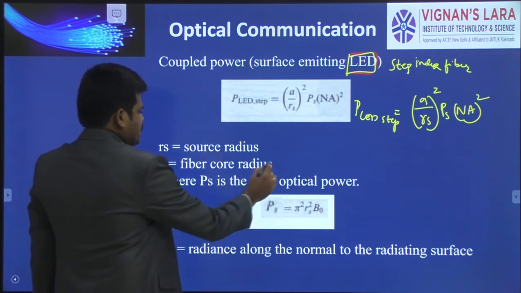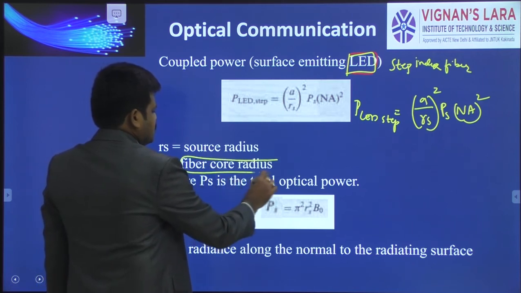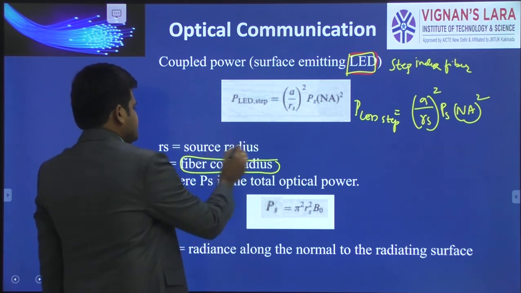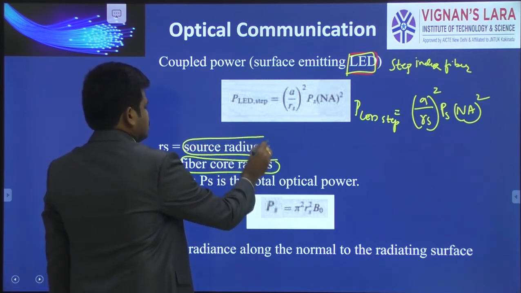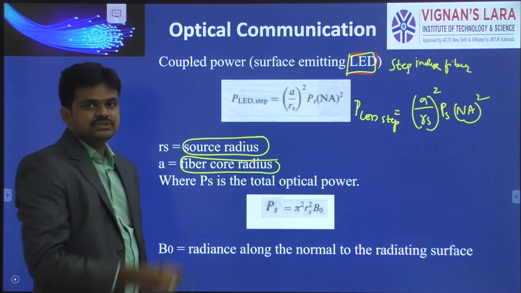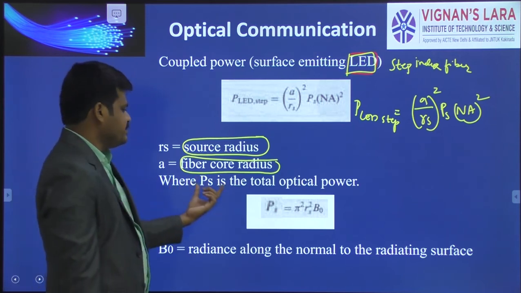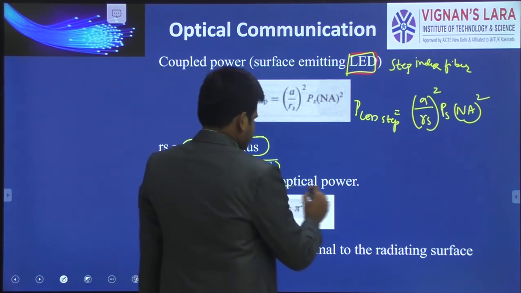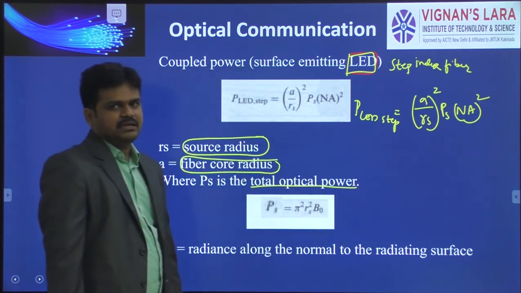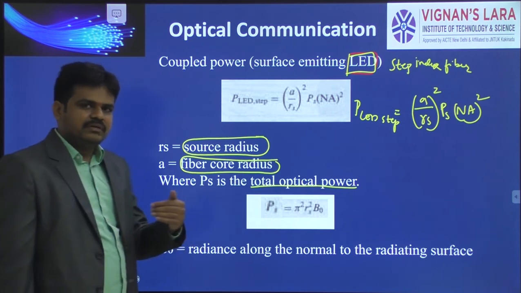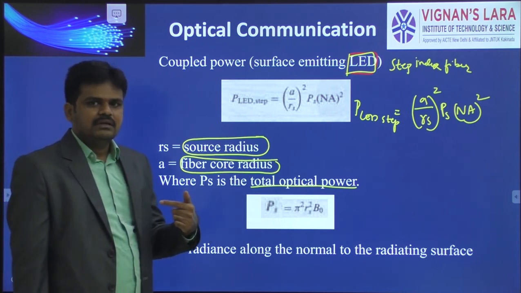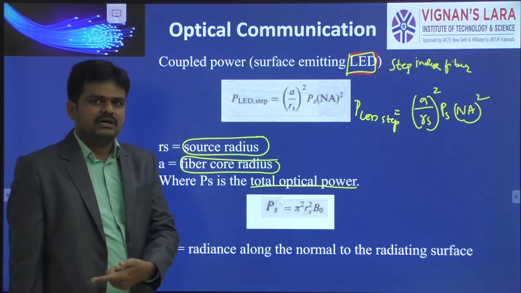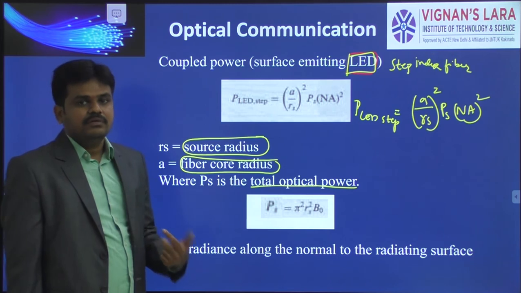A means radius of the core. RS means radius of the source. Then what is meant by PS? PS means total optical power. Total optical power is different from the power coupled into the optical fiber. What is the reason?